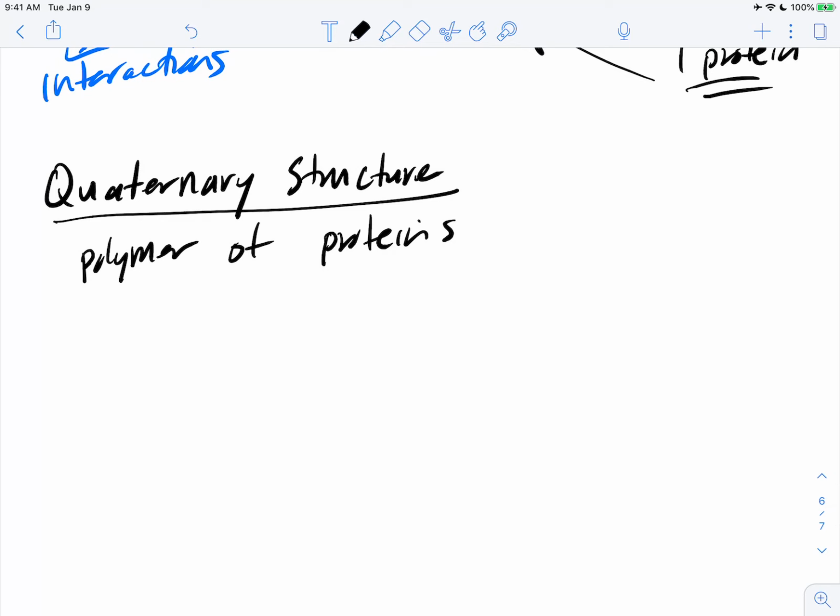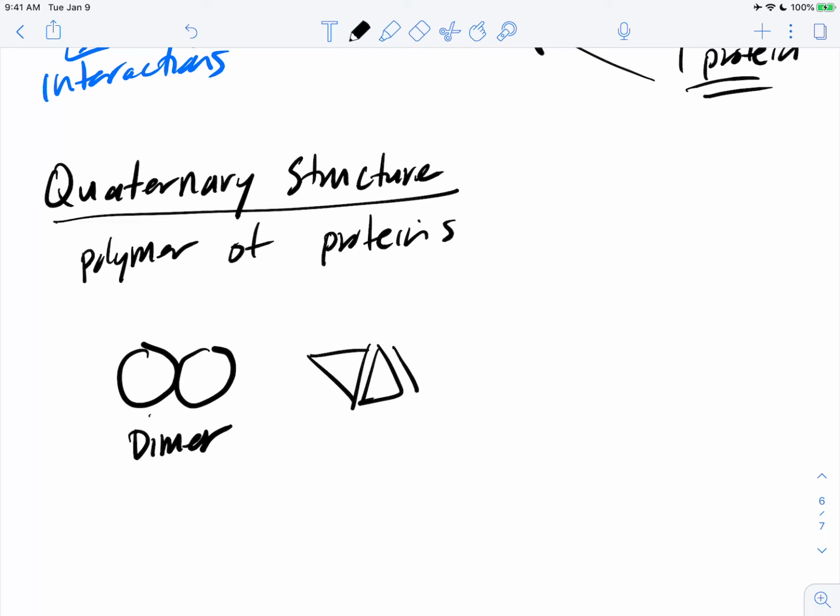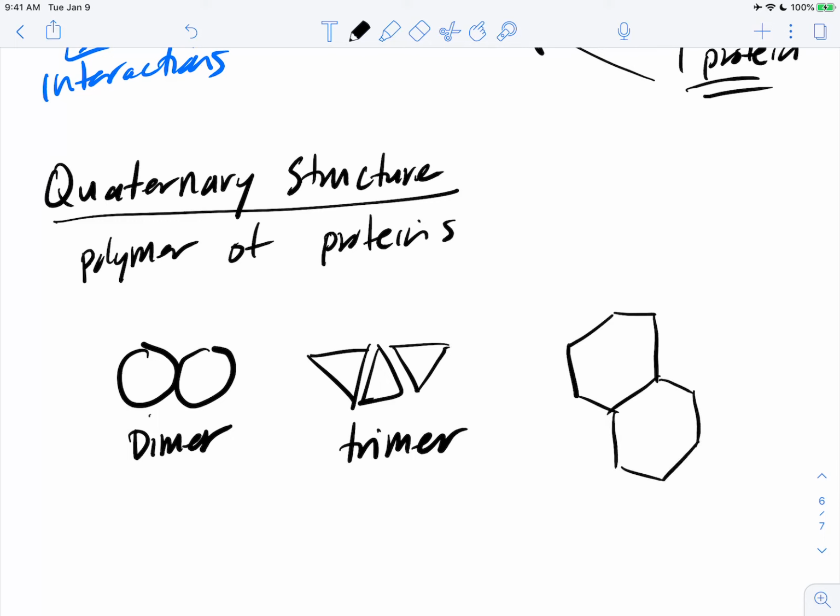So we could have a dimer. So I'm just going to draw shapes that are similar. So this is a dimer. That's two. We could have a trimer. Again, I'm just drawing shapes. This is a trimer. Or we could continue to, see how different molecular shapes can fit together in unique ways.